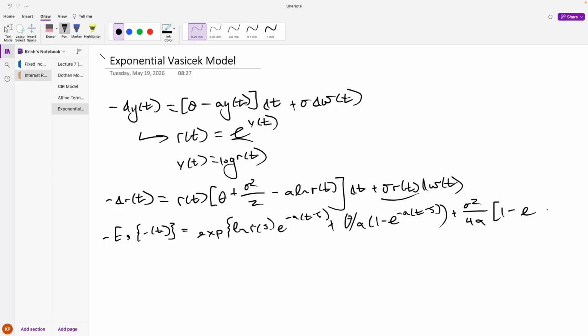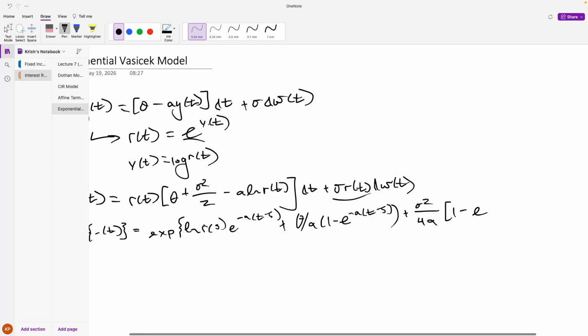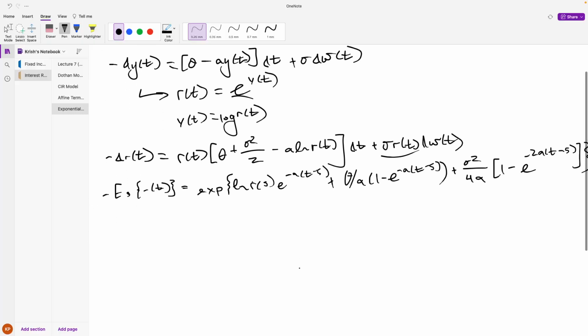All it does is literally take a Vasicek model dynamic and put e to that equation. It helps improve the mean reversion, but it still has a lot of issues.